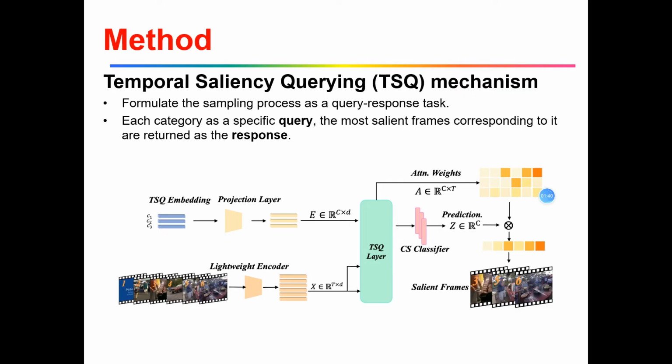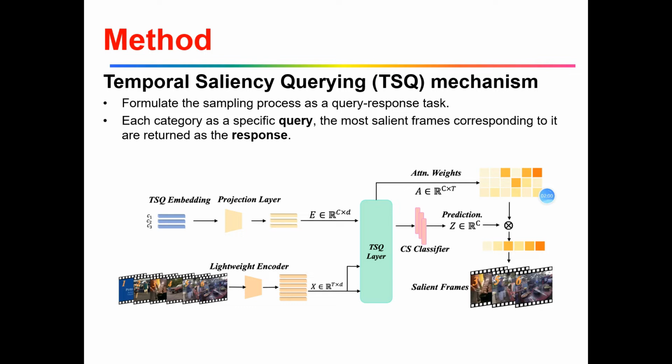To this end, we propose a novel temporal saliency querying mechanism, which formulates the frame sampling process as a query response task. Each category is cast as a specific query, and the most salient frames corresponding to it are returned as the responses.